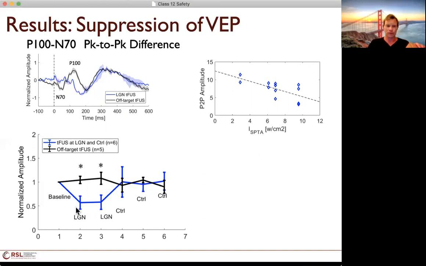And then looking across 6 animals, and then we had also 5 controls that didn't have any sonication to the LGN. And then what we see is that the visually evoked potential, so it's the peak-to-peak measurement right here, is decreased from baseline when we are sonicating at the LGN location for the first 20-minute period, the second 20-minute period, and then it came back again when we were sonicating the control locations.